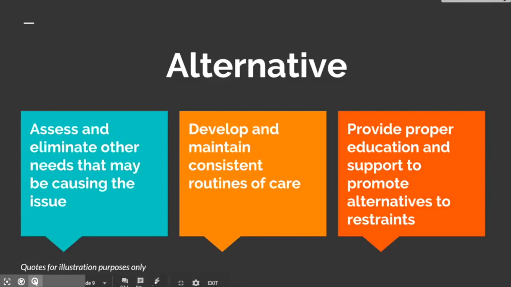The second alternative I have listed is to develop and maintain consistent routines of care. Consistency in the routine and the de-escalation skills is key to being able to manage the crisis at hand, as well as provide proper education and support to promote alternatives to restraints, which I discussed before.